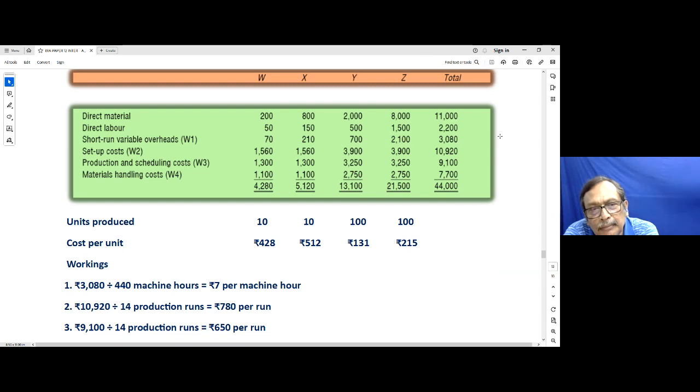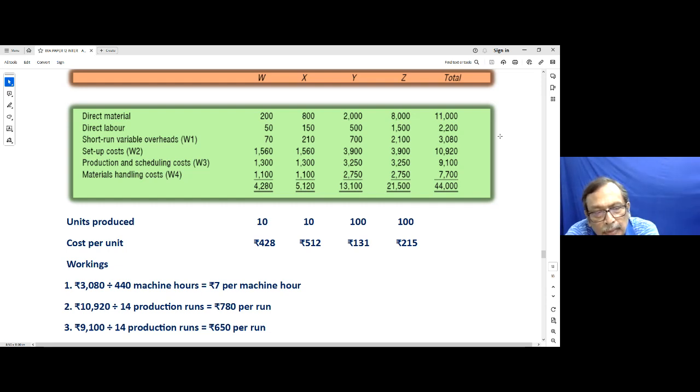Direct material, direct labor, no problem. Short run variable cost, we have to refer to working note 1. Setup cost, we refer to working note 2. Production and scheduling cost, working note 3. And material handling cost, working note 4, so that you can easily calculate.